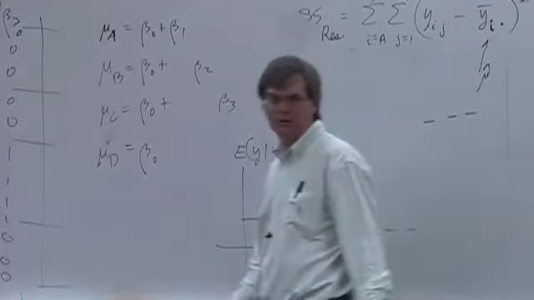And then what's your regression sum of squares? Regression sum of squares, you could get it from the corrected total if you want. So what is the regression sum of squares? What we're going to do is we're going to have a reduced model. What is the reduced model? I always need a reduced model. I have the full model. I need a reduced model to get a regression sum of squares.